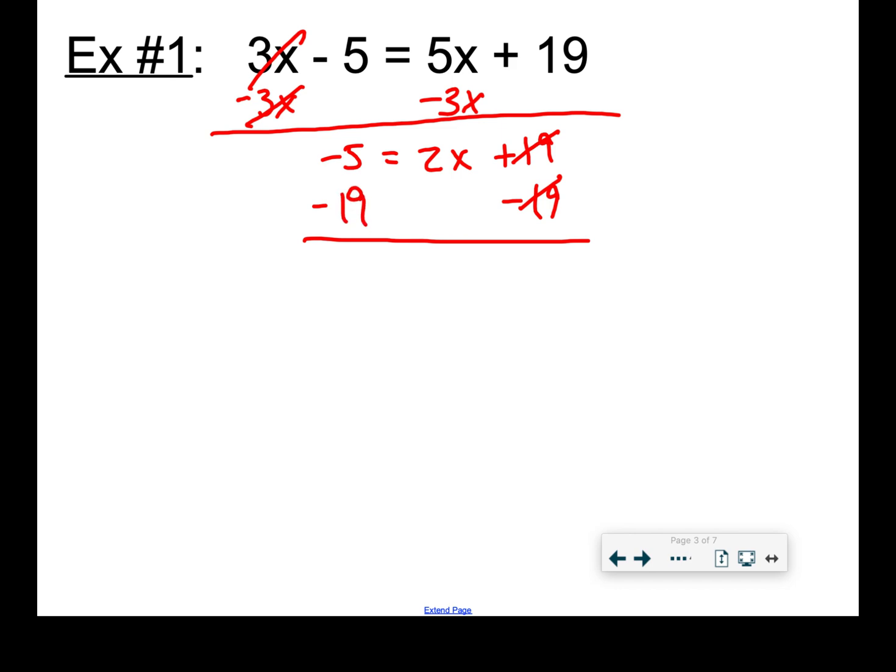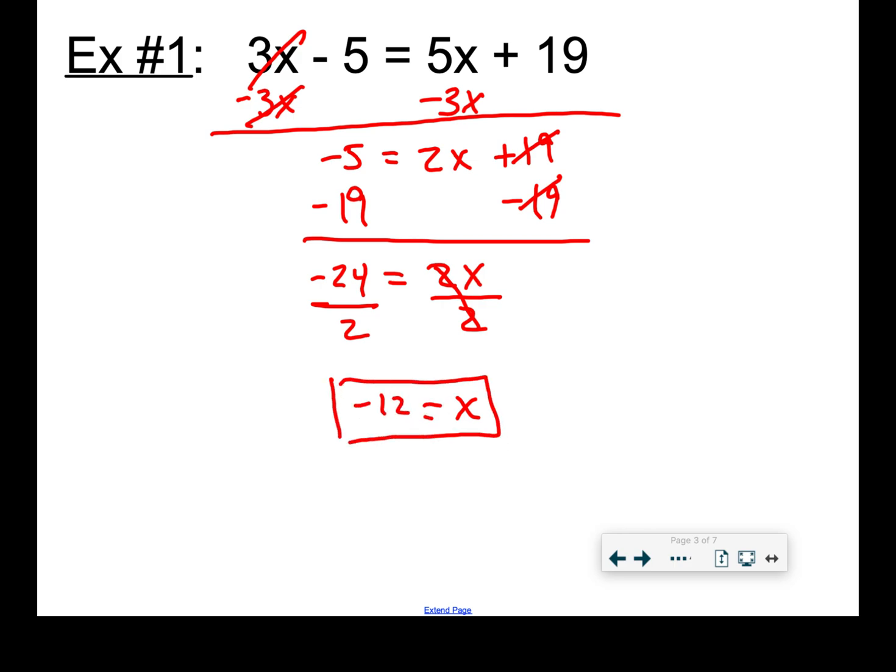If I've got 5 negatives and then 19 more negatives, that is a total of 24 negatives. Bring down the 2x that's still on the right-hand side. And now our last step: the term that had the variable in it is all by itself, and now I have to get the variable by itself, meaning we divide by 2 to get that out of there. Ultimately we end up with x equaling negative 12.